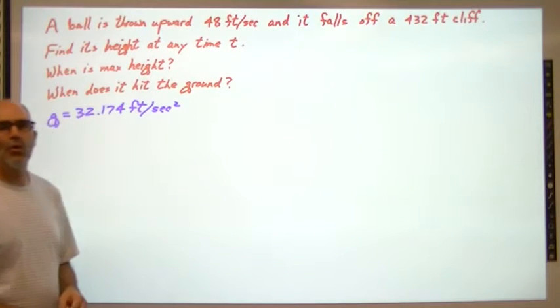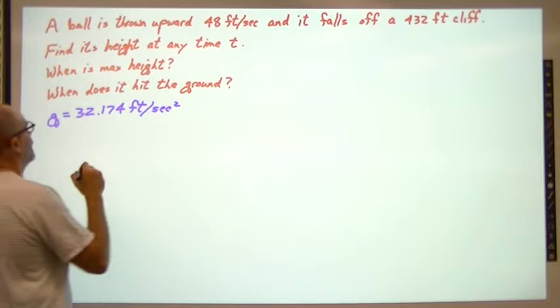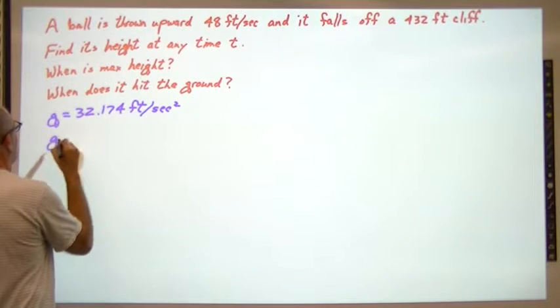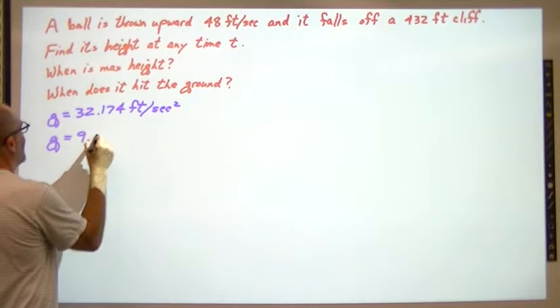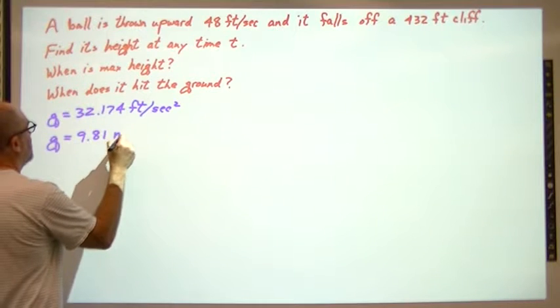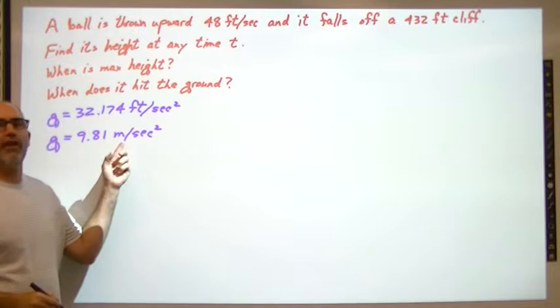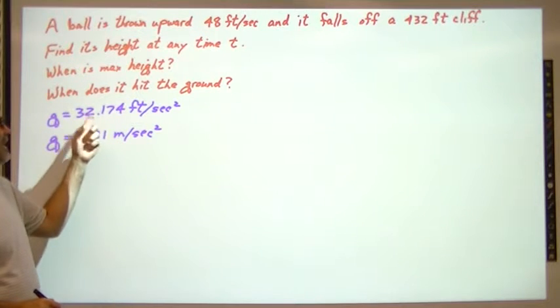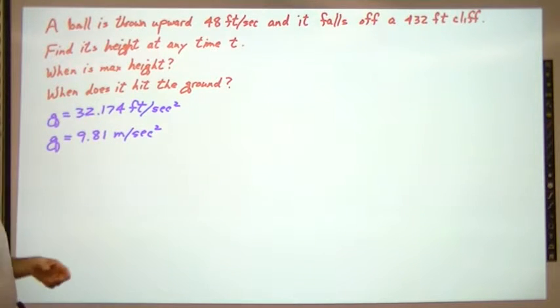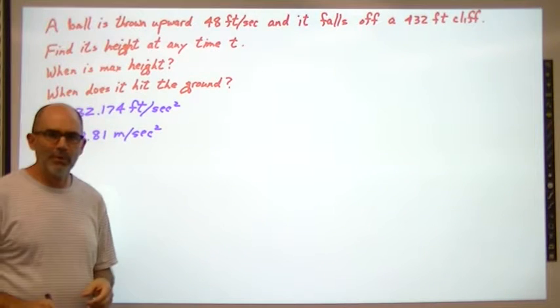Now, you were told that acceleration of gravity equals 9.81 meters per second per second. That's only in France. Okay, in the United States, it's 32.174 feet per second per second.